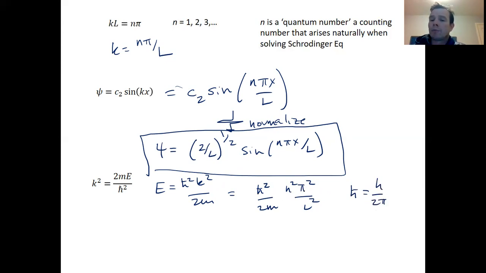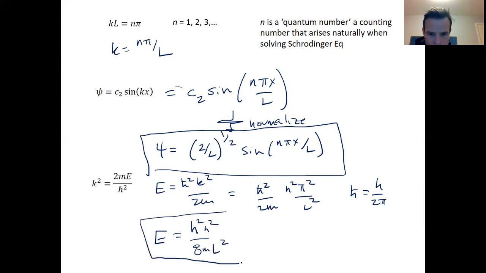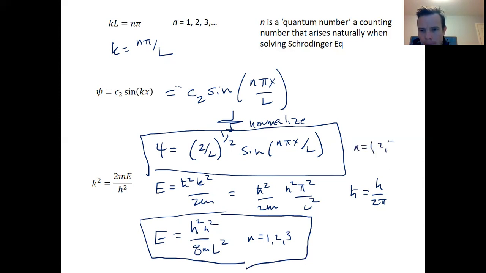So some of these pi terms cancel. And at the end of the day, what you get out of it is this expression: E equals h squared n squared over 8mL squared, where n is equal to 1, 2, 3.